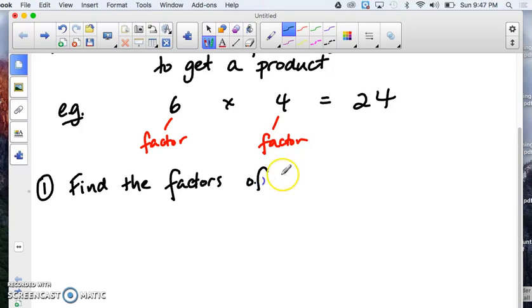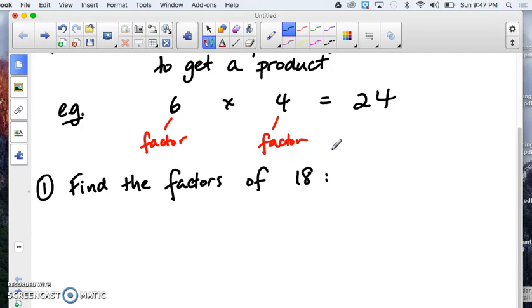Now, you may have done this differently in previous years, but one method of doing it, and again, you don't have to do it this way, but I find this method makes sure that you get all the pairings and you tend not to miss any factors. So when you think of the factors of any number, you always start off with 1 and itself.